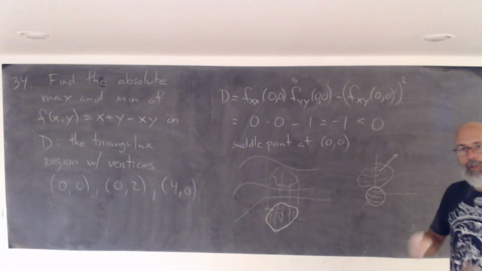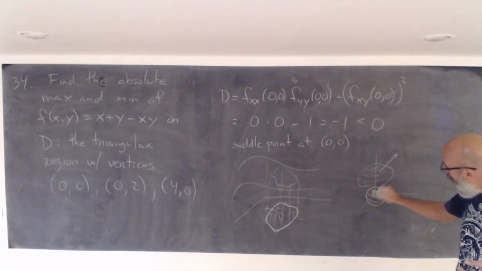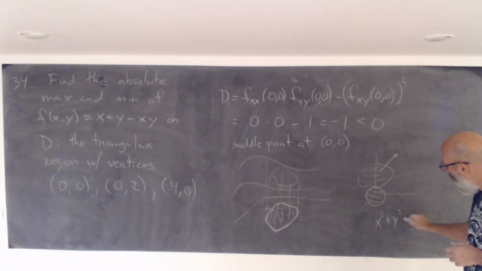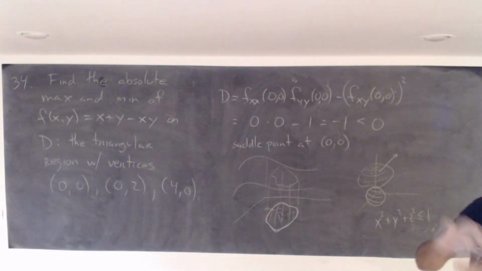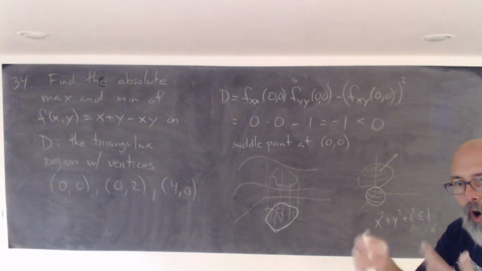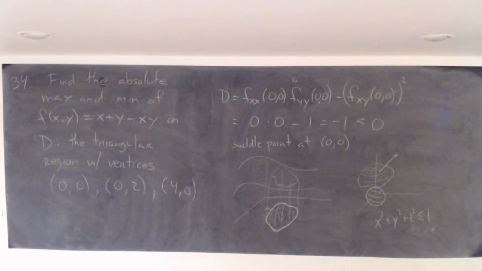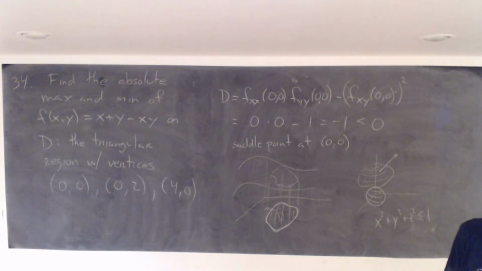Well, not only a sphere, I mean a ball, right? So all the points inside, so x squared plus y squared plus z squared less than or equal to 1. So the sphere of radius 1 and all the points inside that sphere. So really the ball of radius 1.